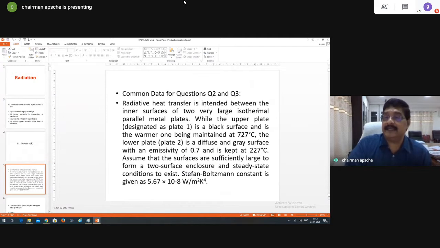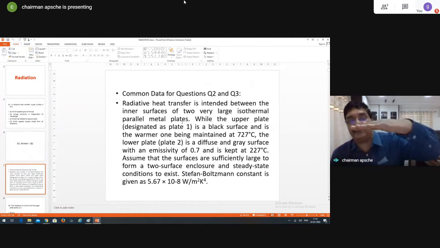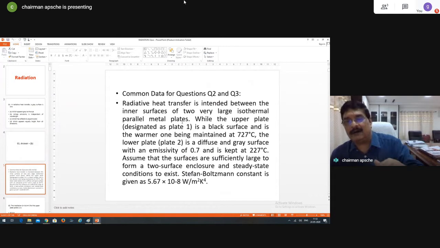Radiative heat transfer occurs between the two inner surfaces of two very large isothermal parallel metal plates. The upper plate, designated as plate 1, is a black surface and is the warmer one, at 727 degrees centigrade.